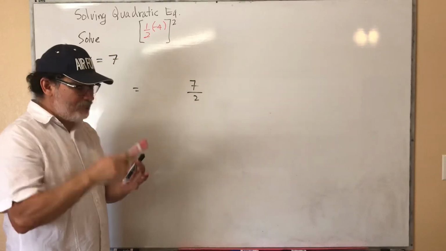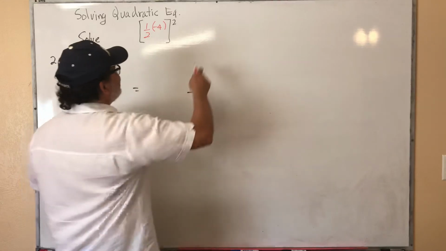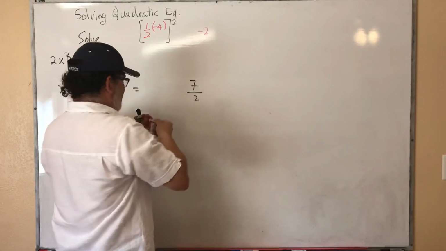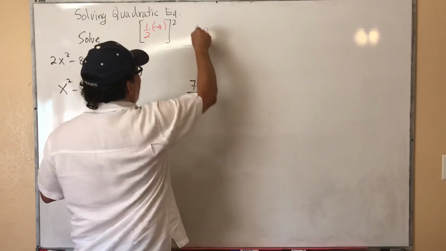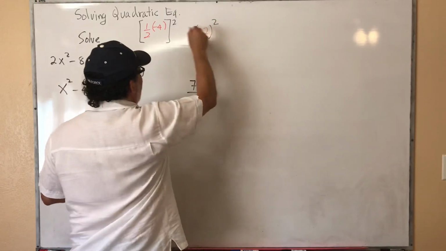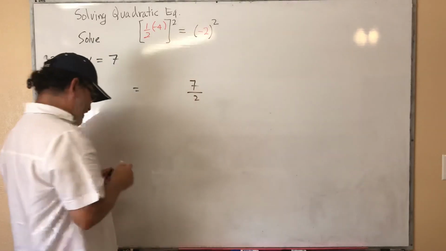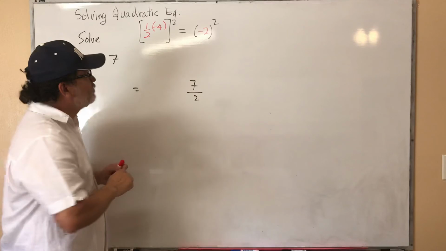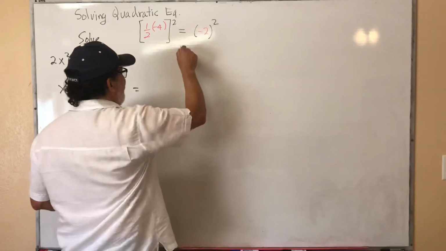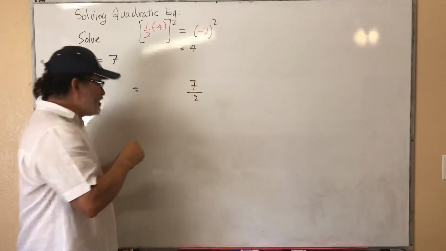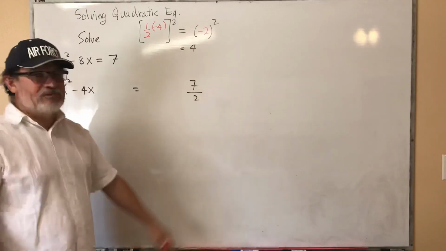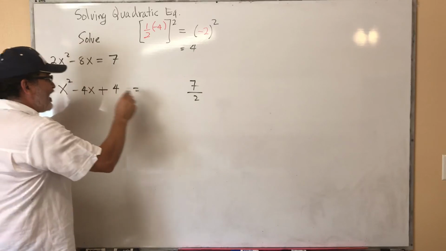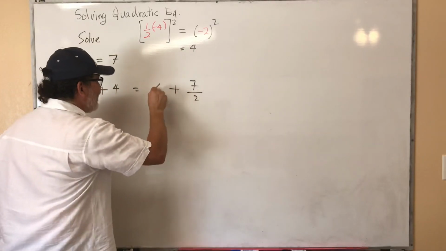Keep it highlighted. -2, quantity squared equals this. I want to keep whatever's inside highlighted. Watch this. What's -2 squared? 4. So this is what I'm going to add to both sides. Okay. Add 4. Oh, there's my addition 4.